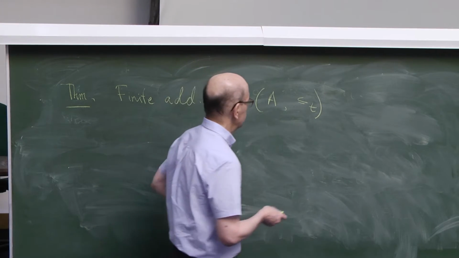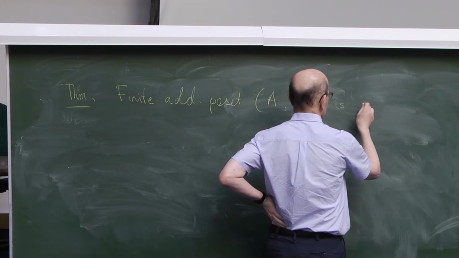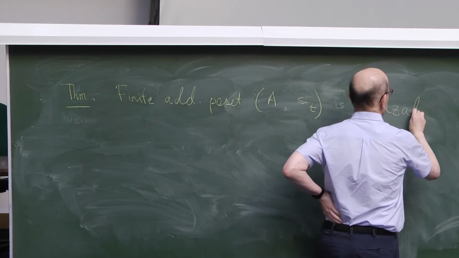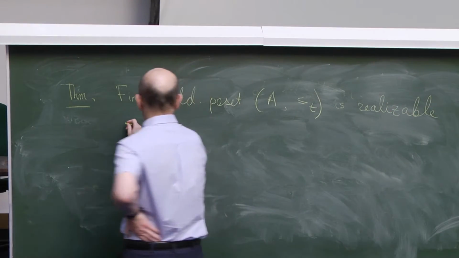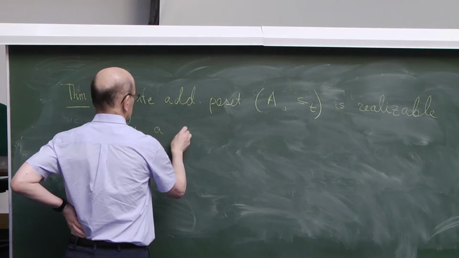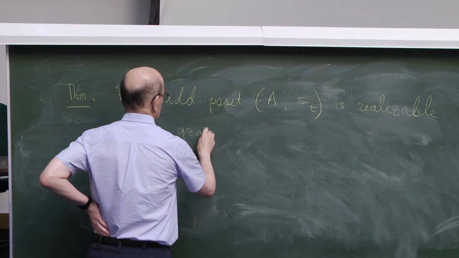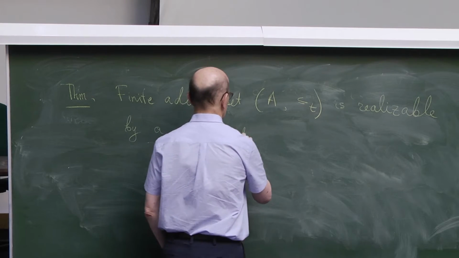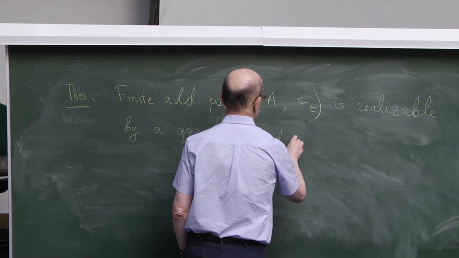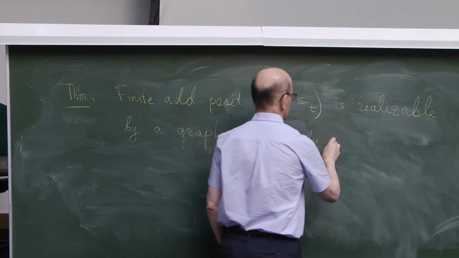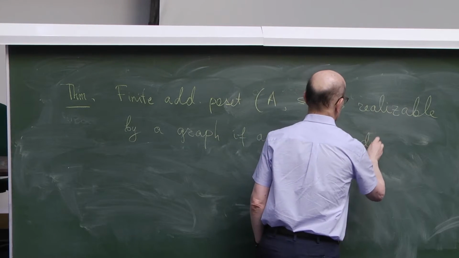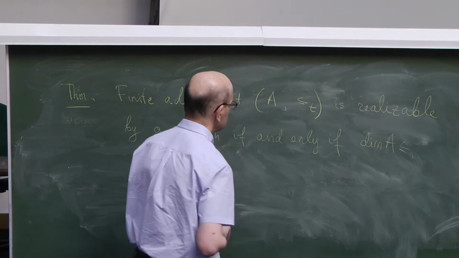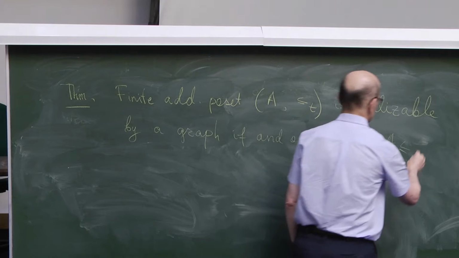Such a finite additive poset is realizable by a graph, which means there is a graph whose additive poset is isomorphic to this one, if and only if the dimension of A is greater than or equal to 4.